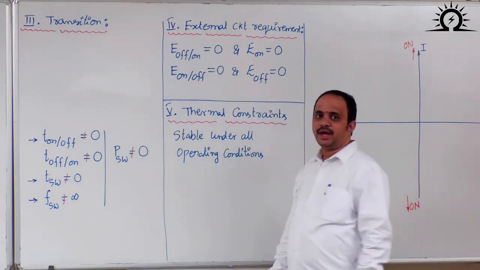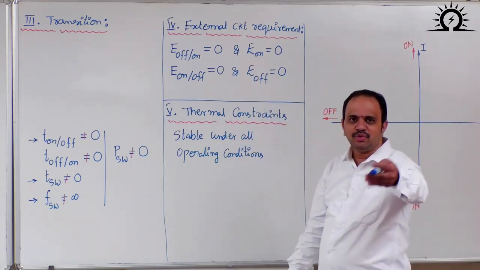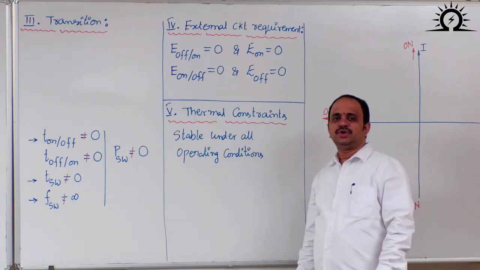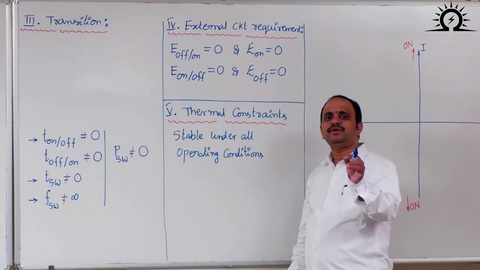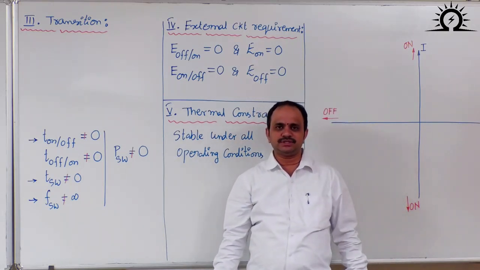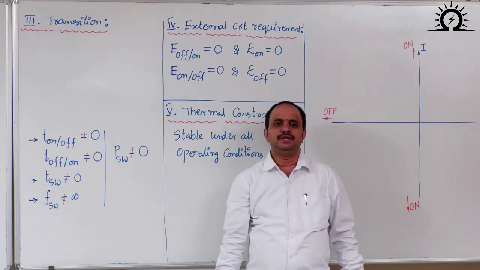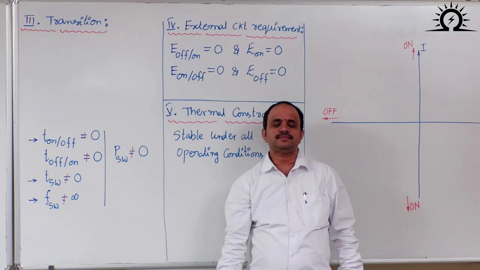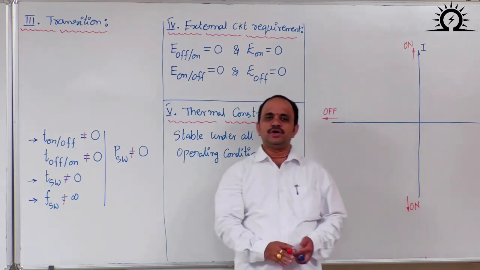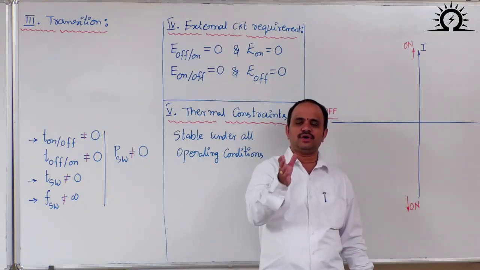Now coming to external circuit requirement, as I gave the example of physical switches. Power semiconductor devices, when they are operating as switches, need some help in the form of energy in order to change state from on state to off state and off state to on state.